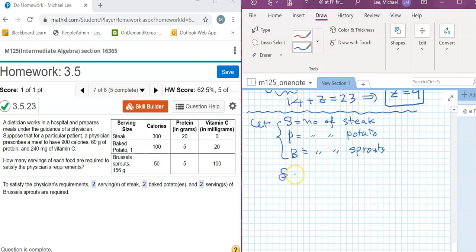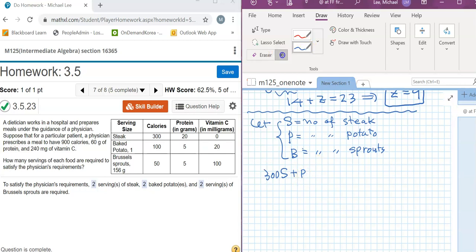So S plus P, how many servings? I have S plus... steak gives me 300 calories, so 300S, steak gives a lot of calories.